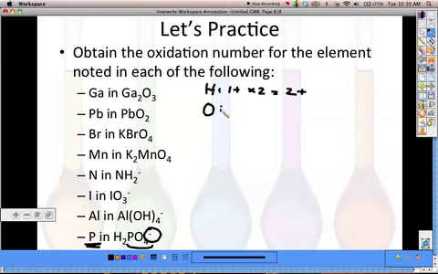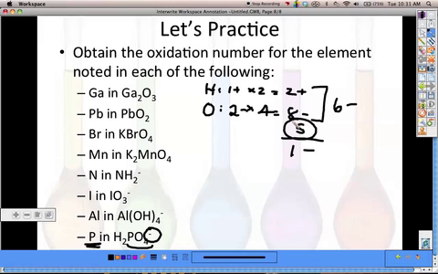And the oxygens are all going to be 2 negative, and we have 4 of them, so we have 8 negative. And we are looking for a 1 negative overall. Here we see that we have a 6 negative. A negative 8 plus 2 is a negative 6. And if I want a negative 1, that means that my missing number has to be a 5. So my phosphorus is a positive 5.